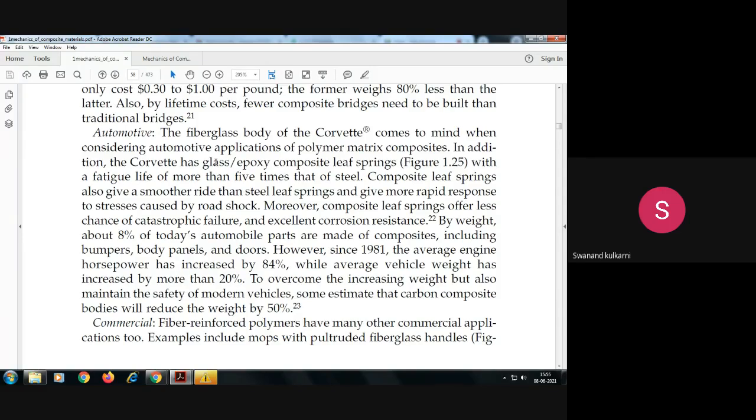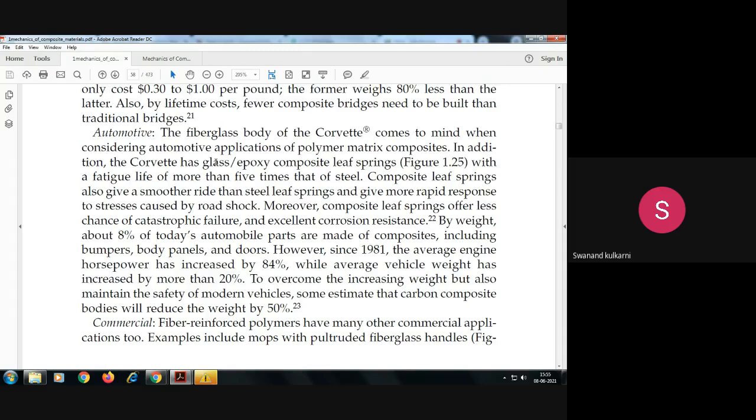So glass and epoxy composites give an advantage in automotive applications for manufacturing the leaf spring, and compared to steel, this composite gives the advantage of 5 times more fatigue strength. Is it okay? Composite leaf springs offer less chance of catastrophic failure. Now, catastrophic failure is one of the concepts. In that concept, what happens?